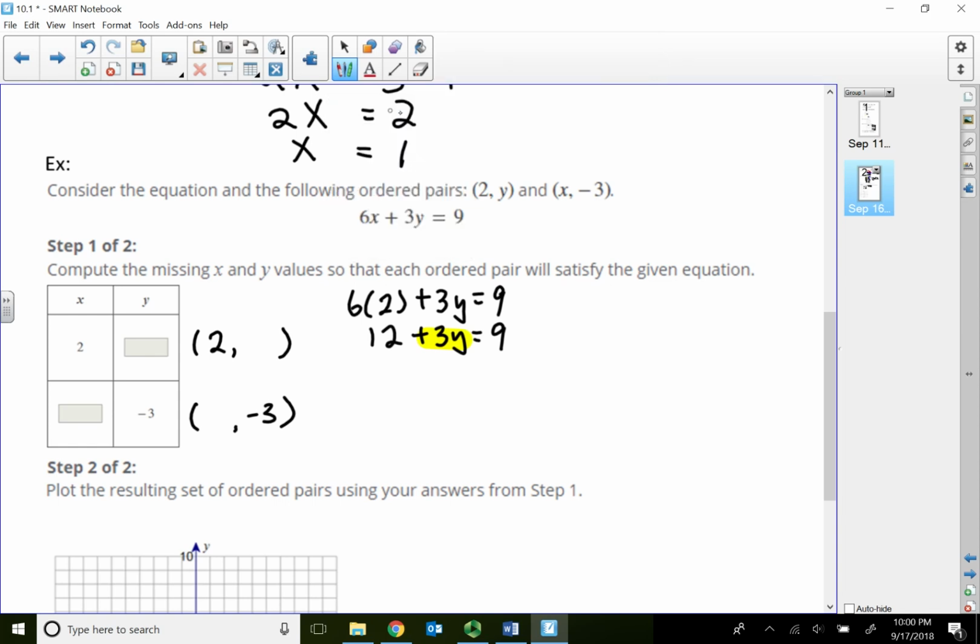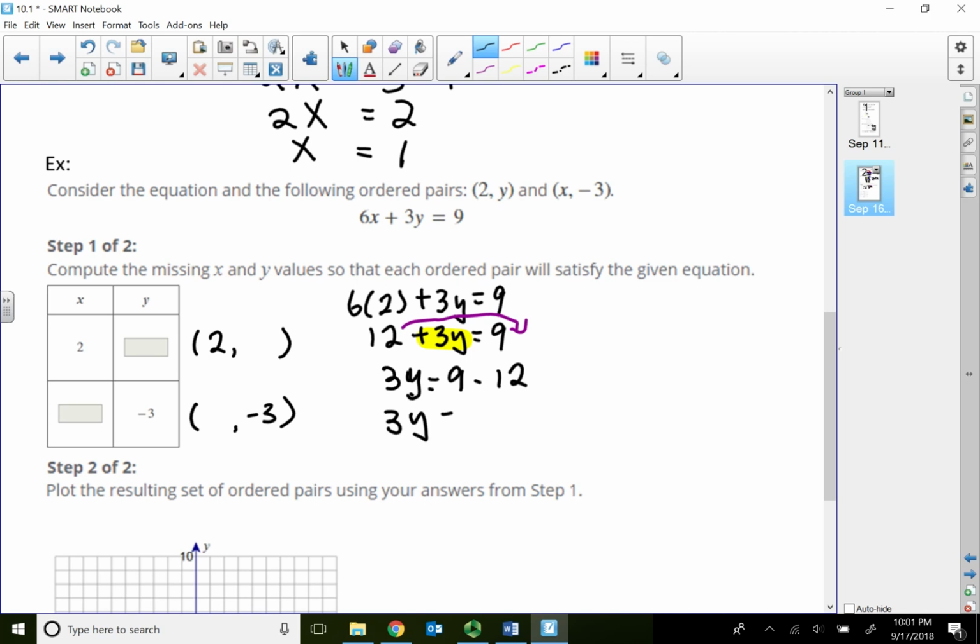We can move the positive 12 over to the other side, so that gives me 3y equal to 9 minus 12, so 3y equal to -3. Divide both sides by 3. y is equal to -1. So when x equals 2, it turns out y is -1.